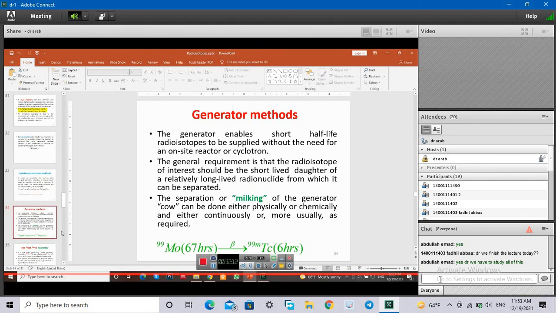Comparing the half-life of the mother with that of the daughter, you can see the half-life of the mother is much higher. 67 is much higher than 6, nearly 10 times. We can say the half-life of the daughter is nearly 10 times shorter than the mother.